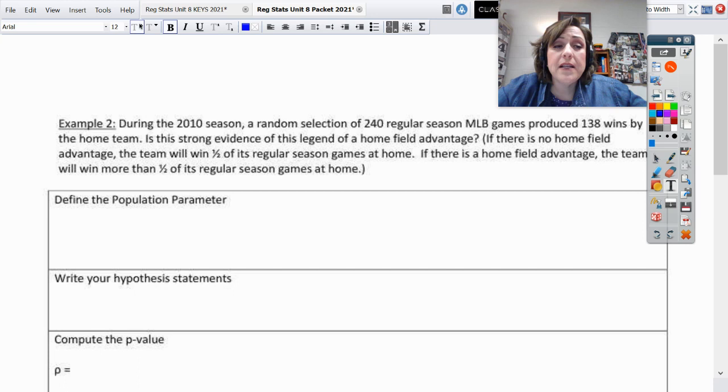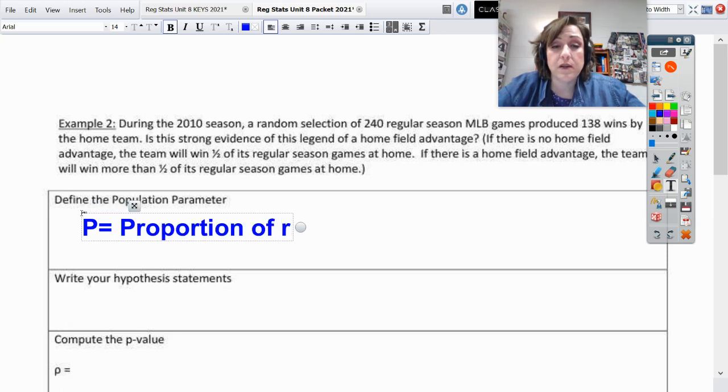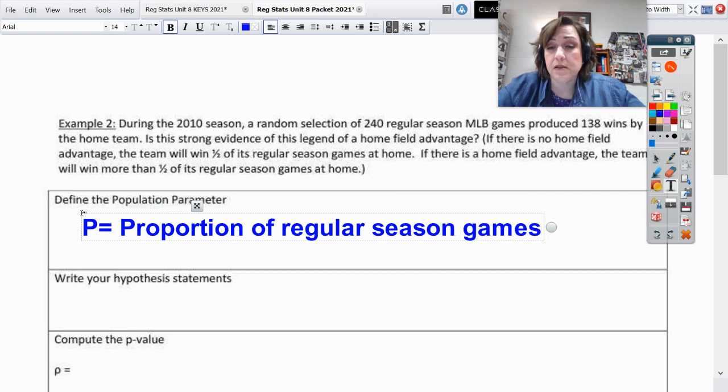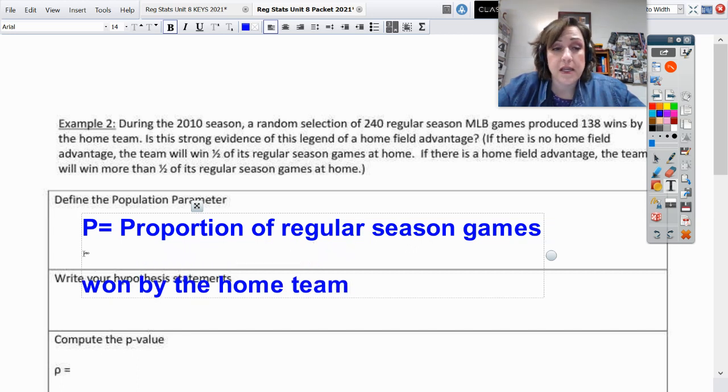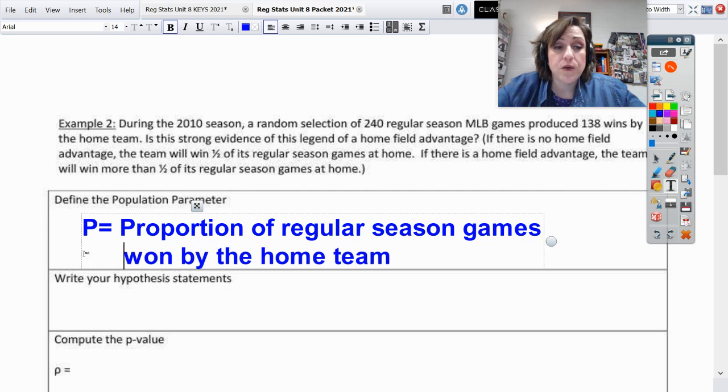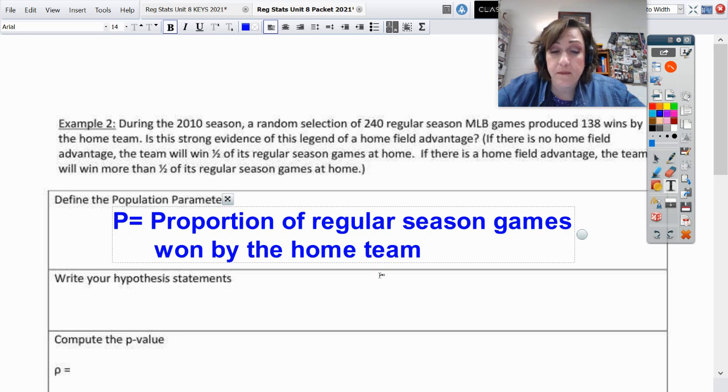So what are we measuring? What's going to tell us if we have a home field advantage or not? What proportion? Well, p equals the proportion of regular season games won by the home team. Okay, so we want to investigate what proportion of regular season games are won by the home team.